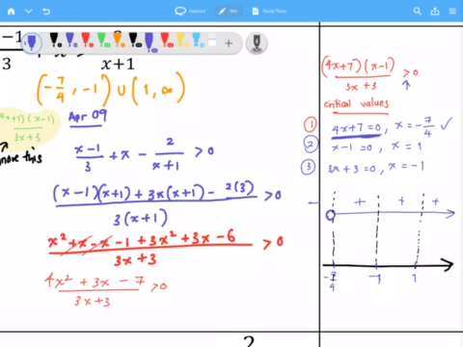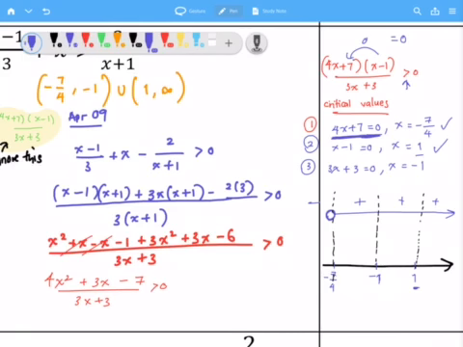Now let's look at our second critical value, 1. If we substitute 1 in this equation, it will become 0. Anything multiplied with 0 here will become 0 as well.